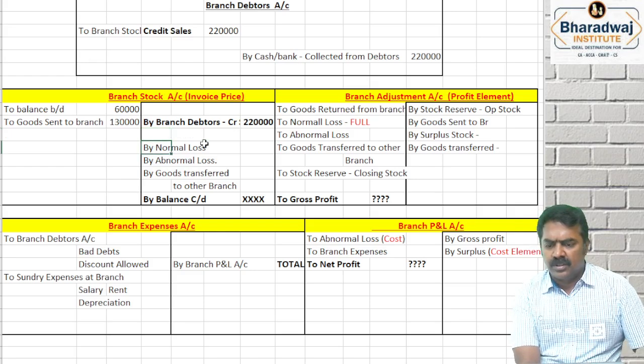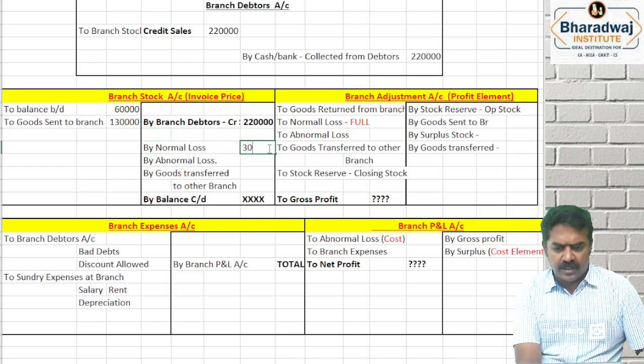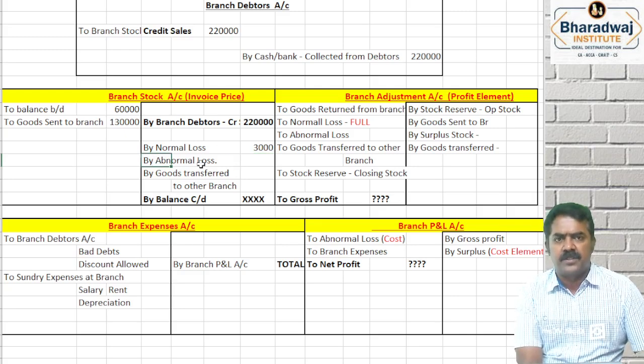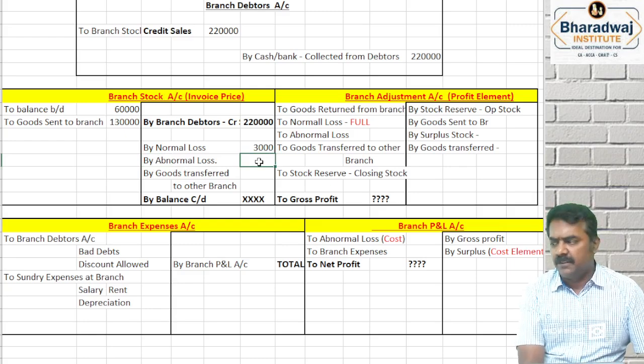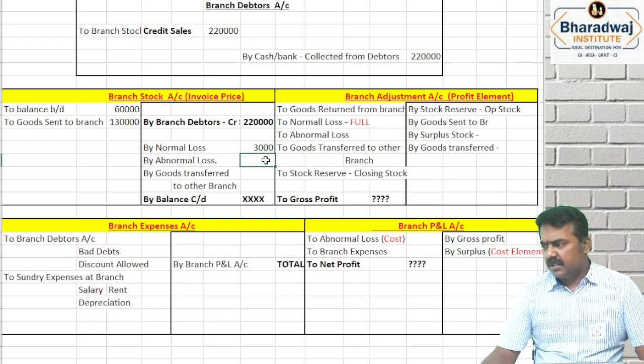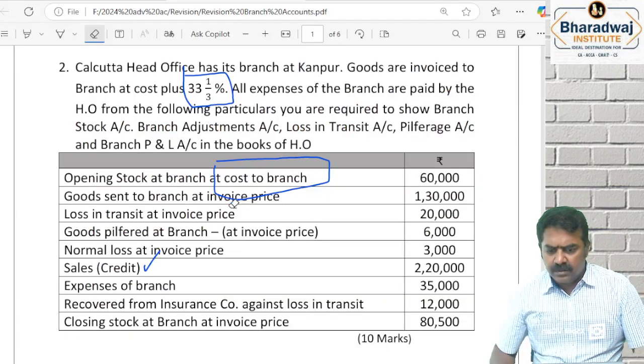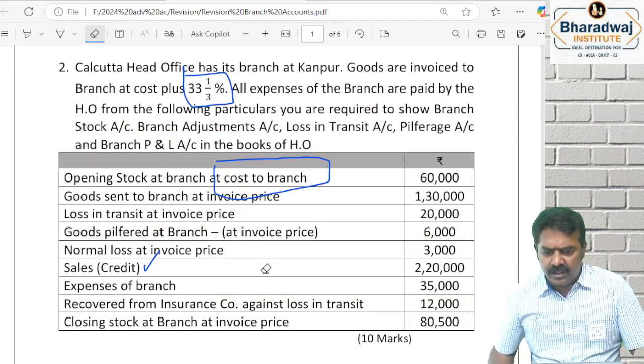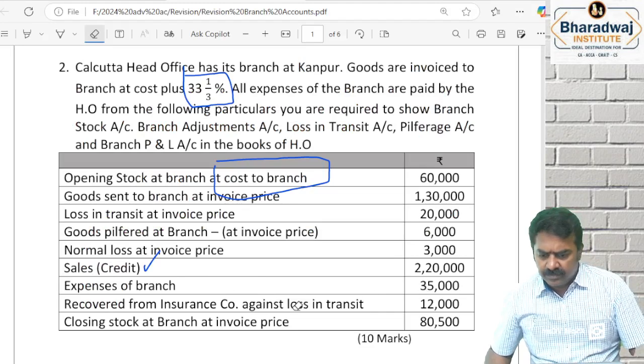No. Normal loss given, 3,000. Abnormal loss is nothing but goods lost by fire and pilferage. Goods lost by fire and loss in transit.